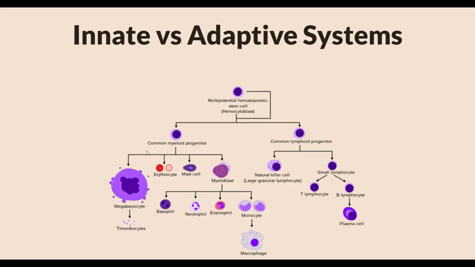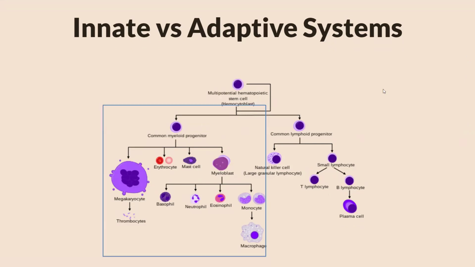Anyways, for our innate immune system, we have most of the myelogenous blood cells. Starting with the myelogenous progenitor, then your megakaryocytes that become platelets, your red blood cells (erythrocytes), your mast cells, and the cells that differentiate from the myeloblast, which are your three granulocytes: basophils, neutrophils, and eosinophils.